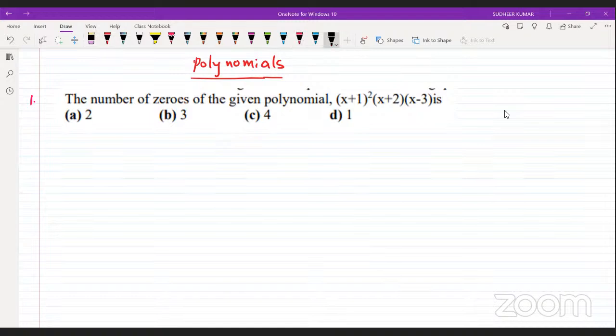So as you know, an nth degree polynomial has at most n zeros. Here if you expand this, x plus 1 whole square, we will get it as x square. So the degree of this is 2 and this is 1. And the degree of the next expression is also 1.